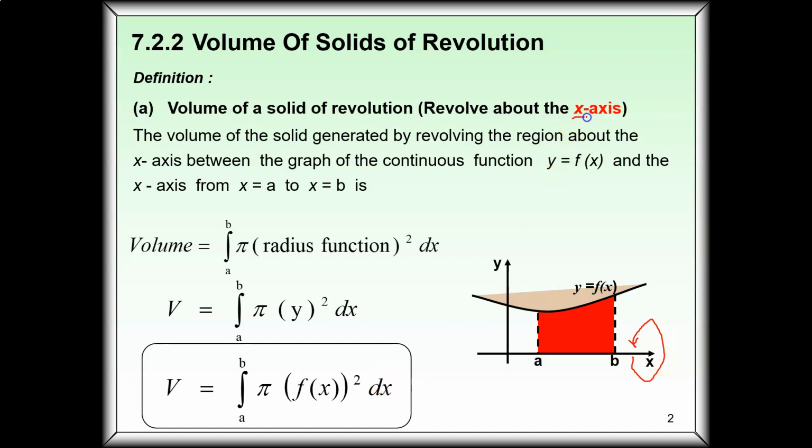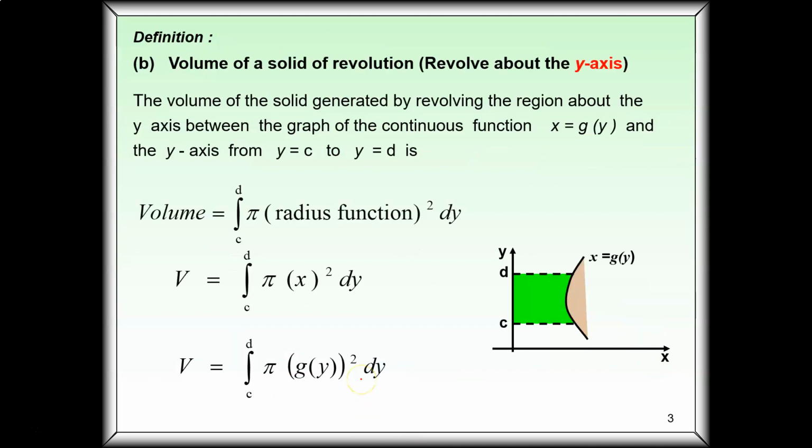So this is the formula. When you revolve about the x-axis, of course the formula will be dx and the function will be in terms of x. The second case is the volume of a solid of revolution revolved about the y-axis. It's quite similar with the previous one. It's just that now you need to revolve it about the y-axis.